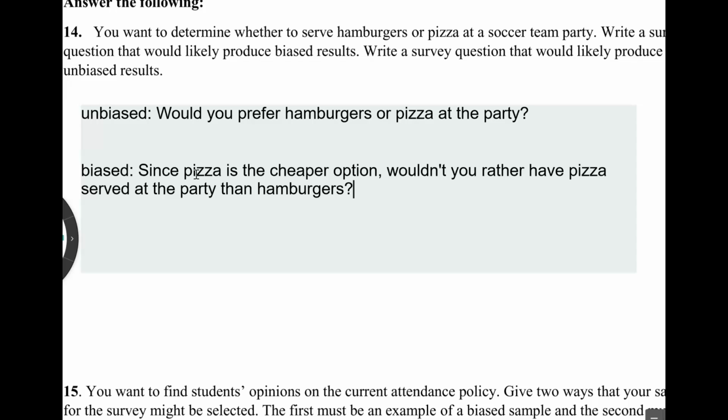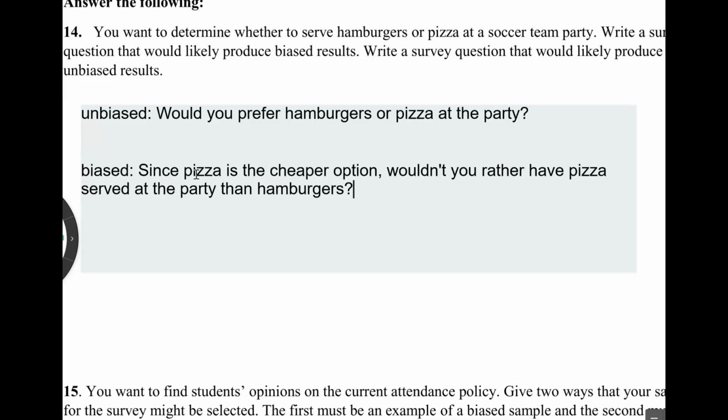Okay, another biased question? Mine is similar to hers, but I'll make it more: the other teams are getting pizza. So you're saying, well, the other teams are doing this, why don't you as well? Peer pressure. Okay, I could see that one.